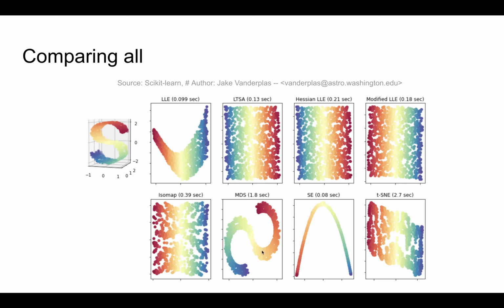Now for MDS, the striking feature of this method is that it does preserve the local distances, but as you can see, it also preserves the local structure, as in the S shape can still be seen from high dimensional space in low dimensional space as well. So that's one of the points to note with the MDS method.